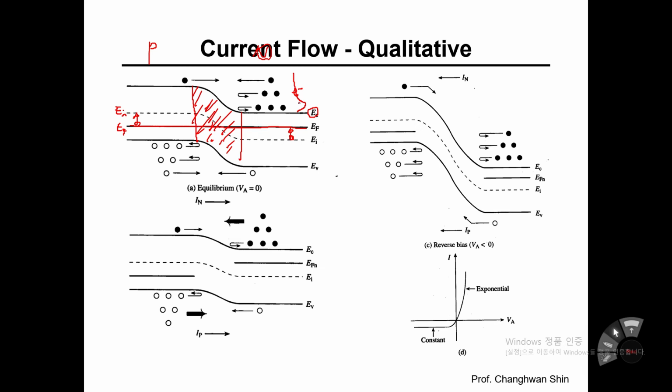So most of the conduction electrons exist near the conduction band edge, or E sub C. Because of the energy barrier height across the PN diode, most of the electrons can never overcome this energy barrier height.